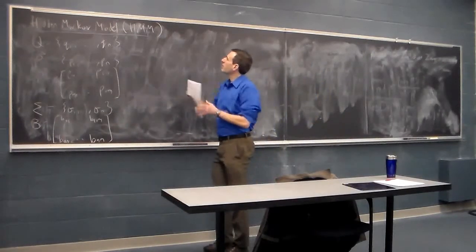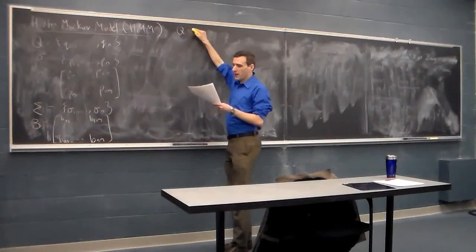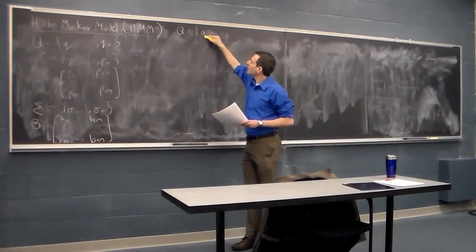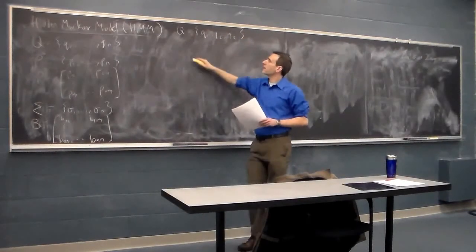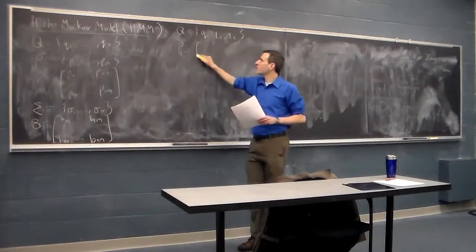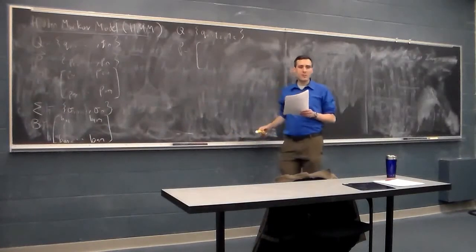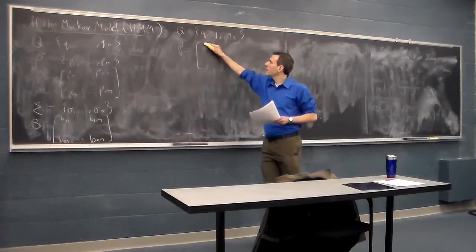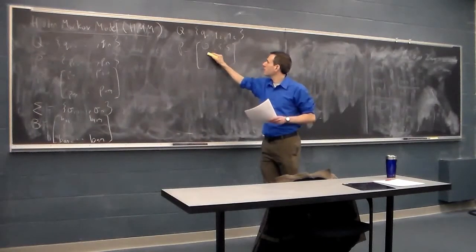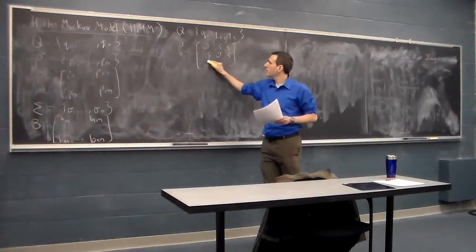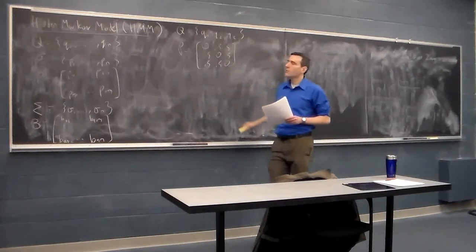So, for example, we could take a model in which Q consists of states Q1, Q2, Q3. We'll make a probability transition matrix, and I'll propose that it looks something like the following: 0, 0.5, 0.5, 0.5, 0, 0.5, 0.5, 0.5, 0.